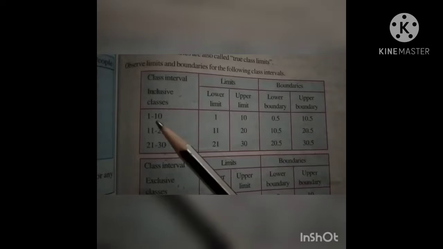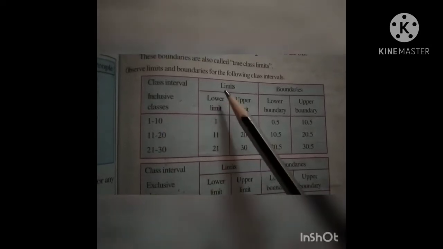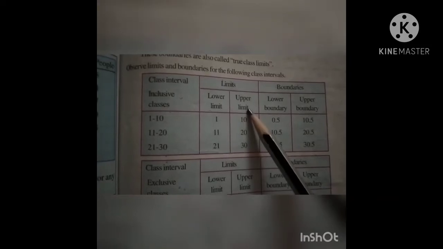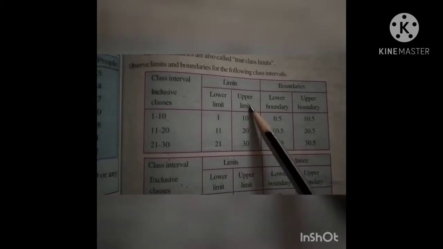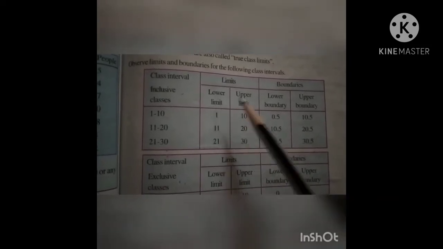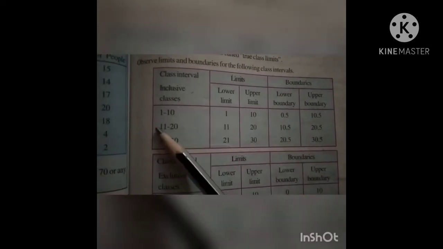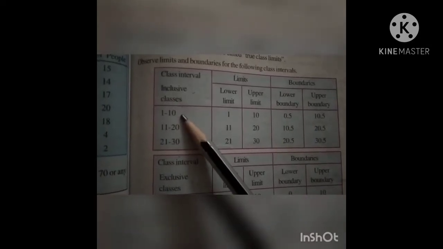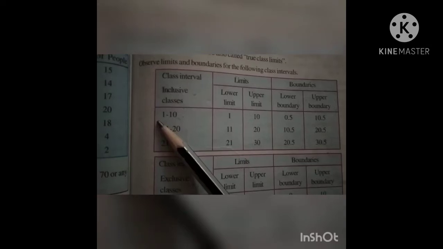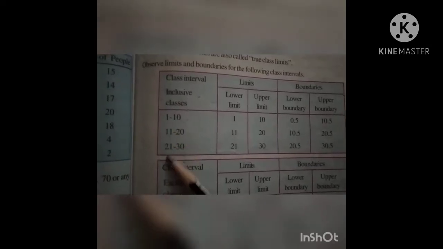Okay children. Next, limits means there is a lower limit and an upper limit. In this class interval, the left side values are all lower limits and the right side values are upper limits. Did you understand, children? These are inclusive class intervals.